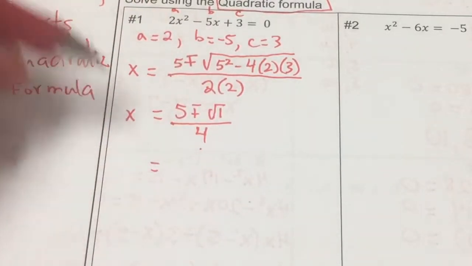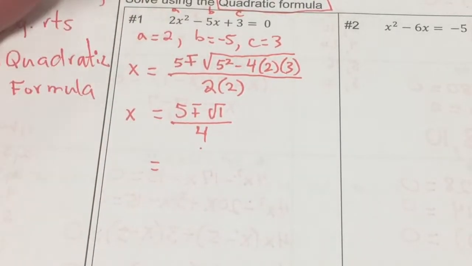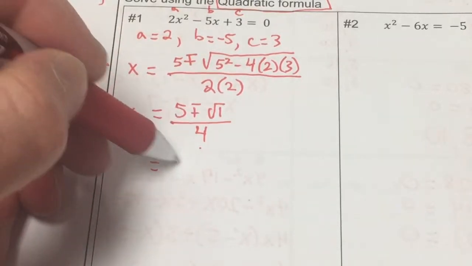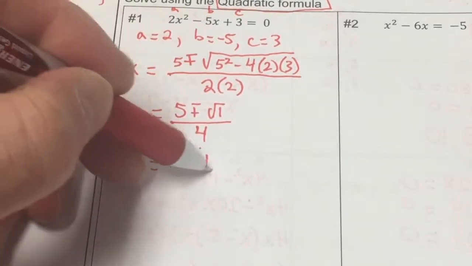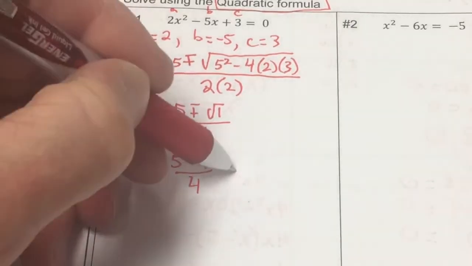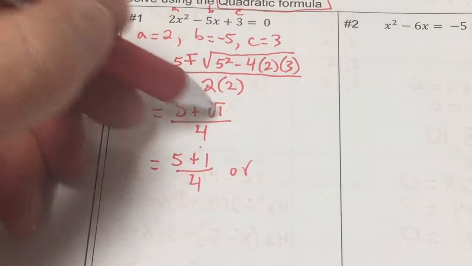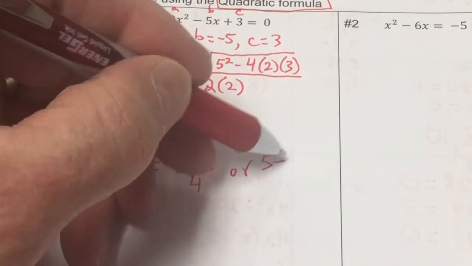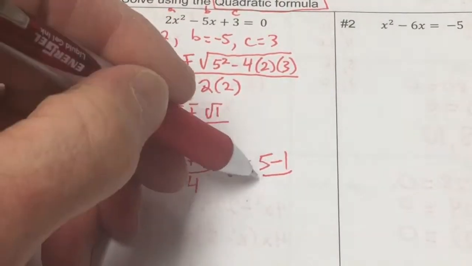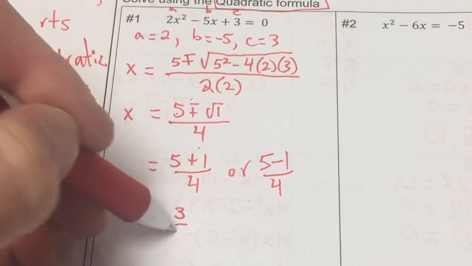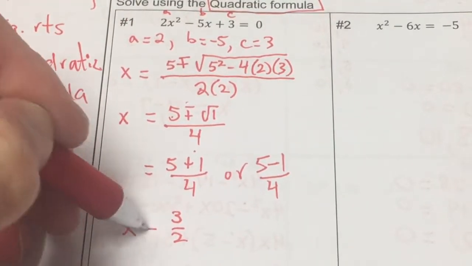Now, our two answers, since it's quadratic, it could have two answers. We have 5 plus 1 divided by 4, or 5 minus 1 over 4, because the square root of 1 is 1. So this is 6 over 4, which I can simplify to 3 over 2.